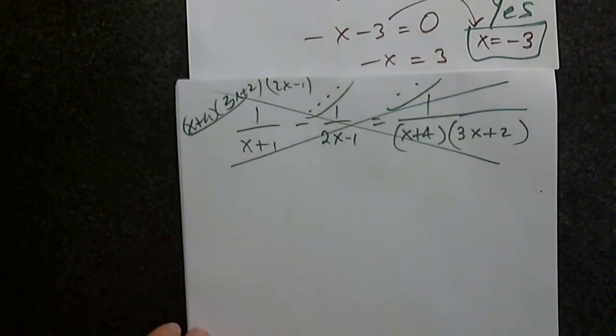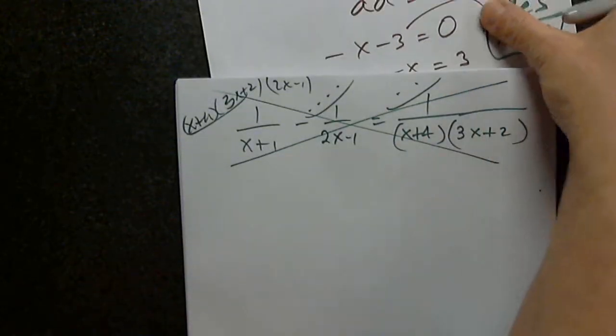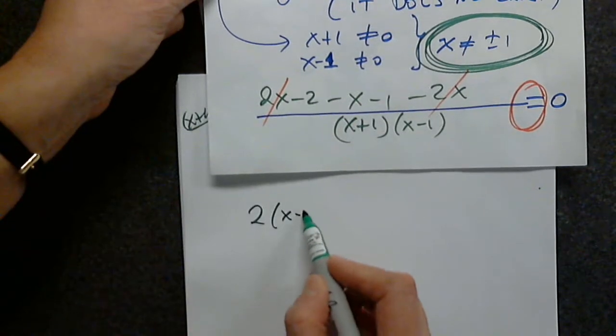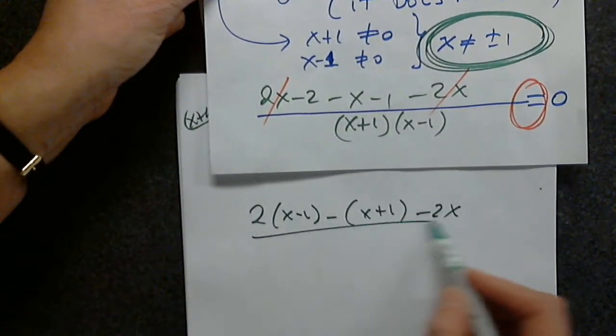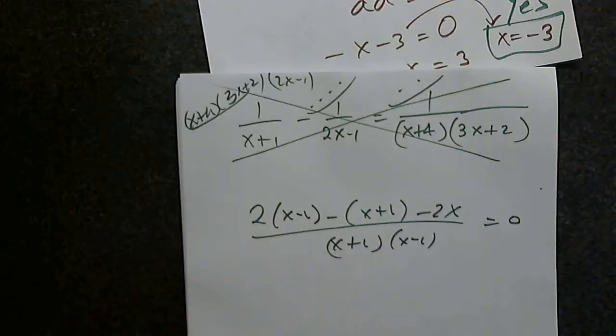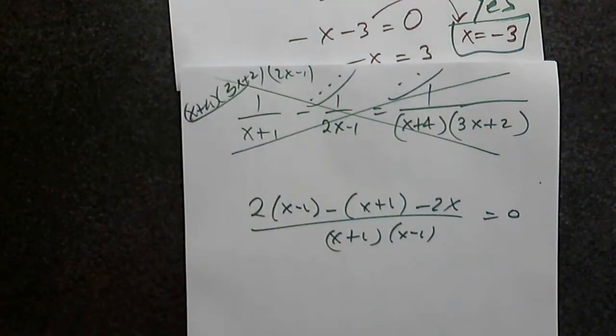Here's another reason why I use the expressions at the top. At this stage, if a student writes 2x minus 1 minus x plus 1 minus 2x over x plus 1, x minus 1, it will be too tempting. What could happen here?